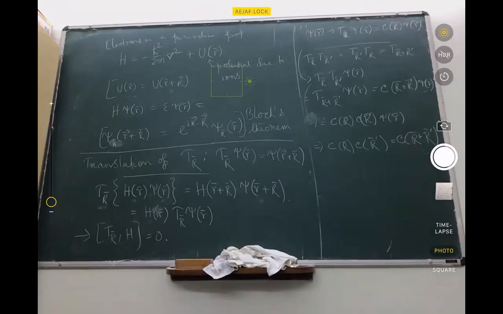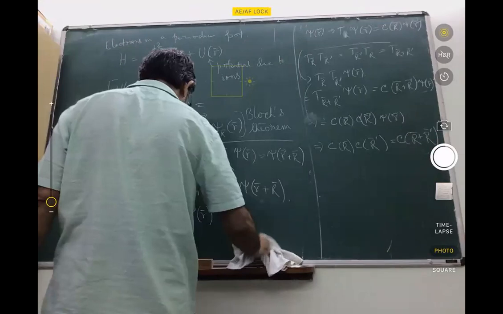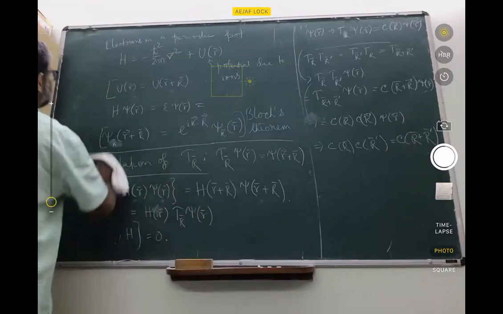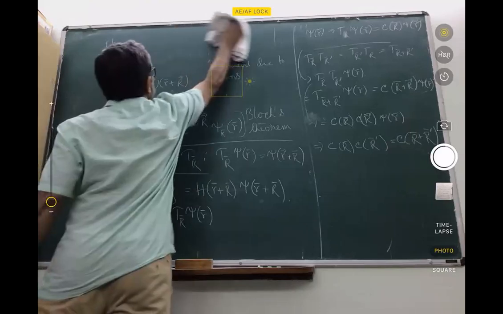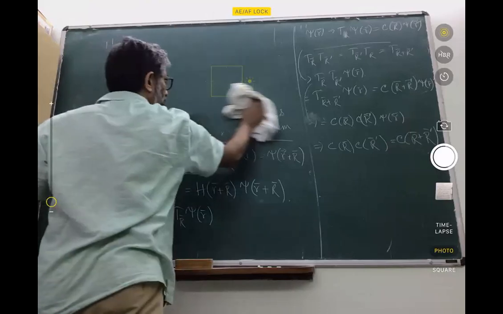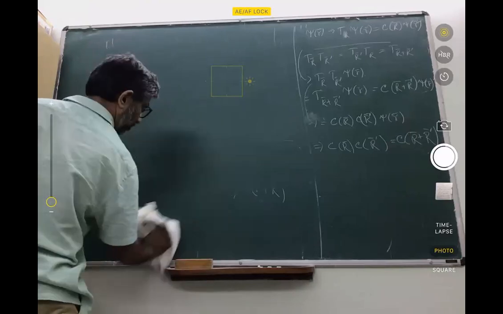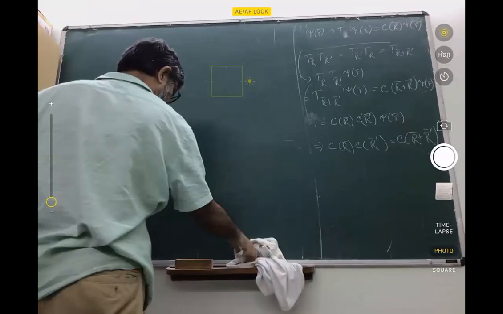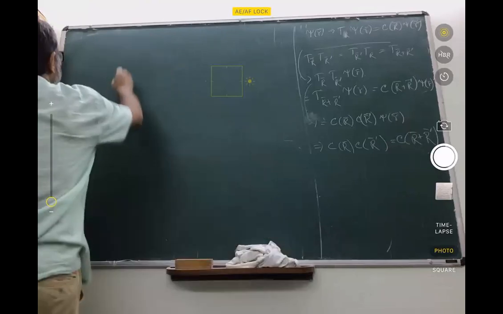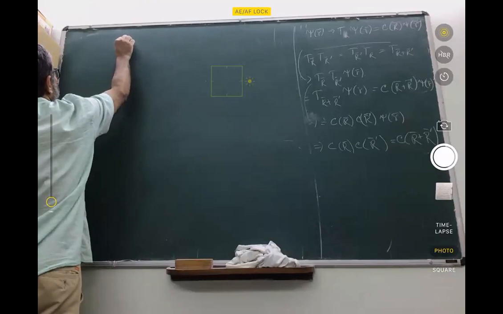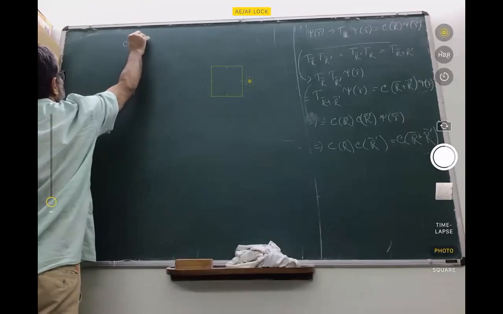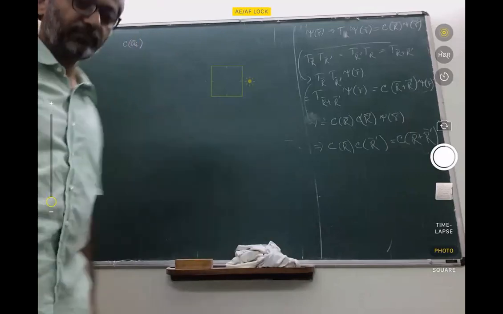Now suppose I choose R to be one of the lattice vectors, a1, a2, a3, a i, so it could be any i.